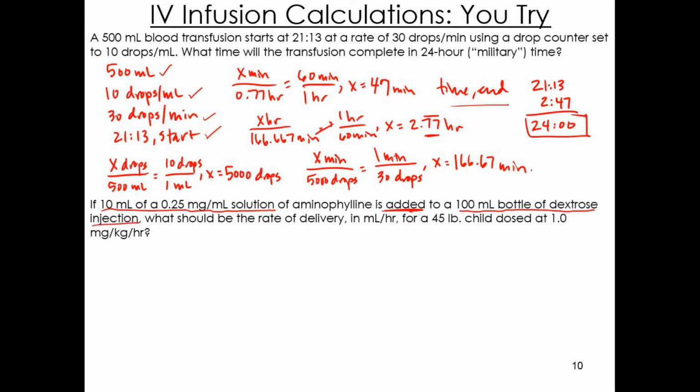And so what will be the rate of delivery in mils per hour with this weight-based rate? So let's start by calculating the weight. That may be easiest. We can ask how many kilograms is 45 pounds using our conversion table that we have in our head.